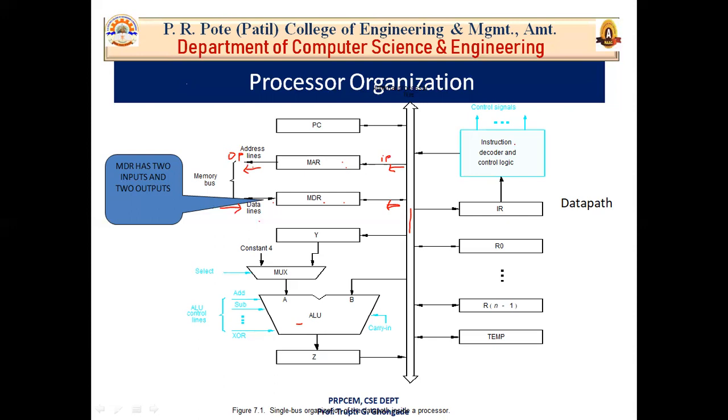So the control lines of memory bus are connected to the instruction decoder and control logic block. Now this unit is responsible for issuing and generating the signals that control the operation of all the units inside the processor and for interacting with memory bus also.